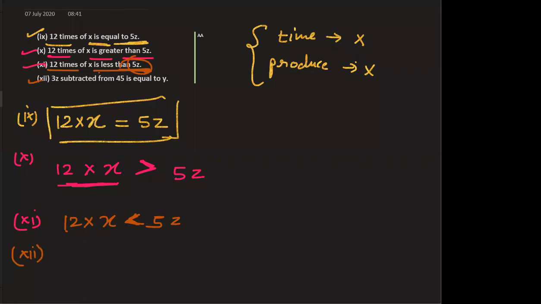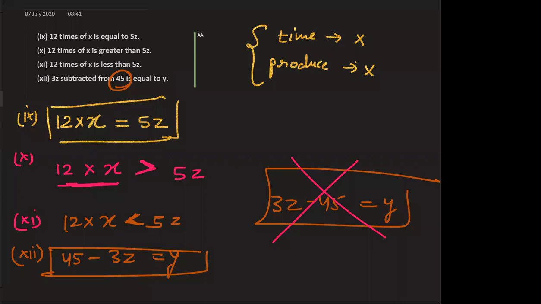Next, 12 says 3z subtracted from 45 is equal to y. Now you write the answer. So once more, let me repeat. Ninth statement says 12 times of x is equal to 5z. So I have written 12 into x is equal to 5z. 12 times of x is greater than 5z.